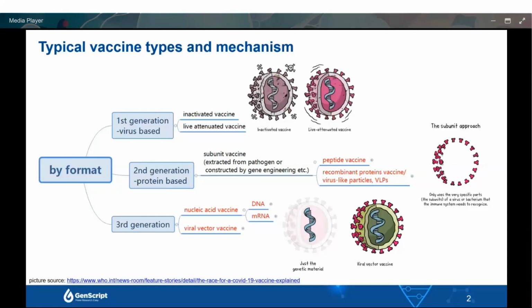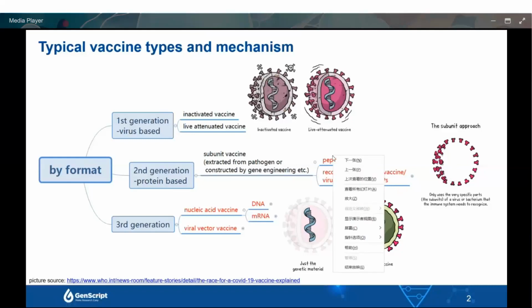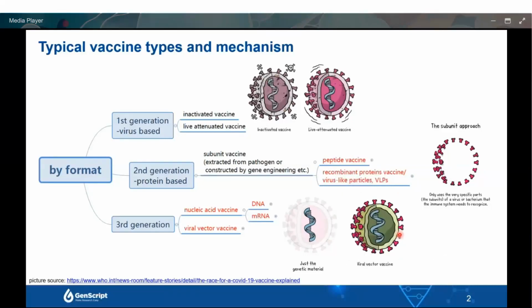For the first generation, the virus-based vaccine includes inactivated vaccine and live attenuated vaccine. Basically, they just use the virus itself, either inactivated or made live attenuated, so it's weakened.